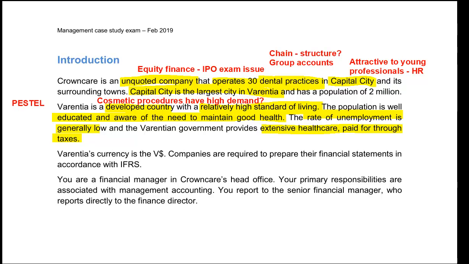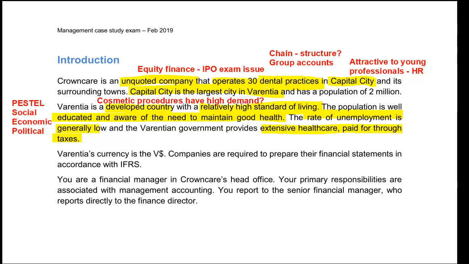So, regular custom can be somewhat assumed given that they are operating in the largest city in Varentia, and Varentia has a population that's well educated, aware of the need to be in good health, and they're typically employed. And if they aren't, then healthcare is paid for by the government.